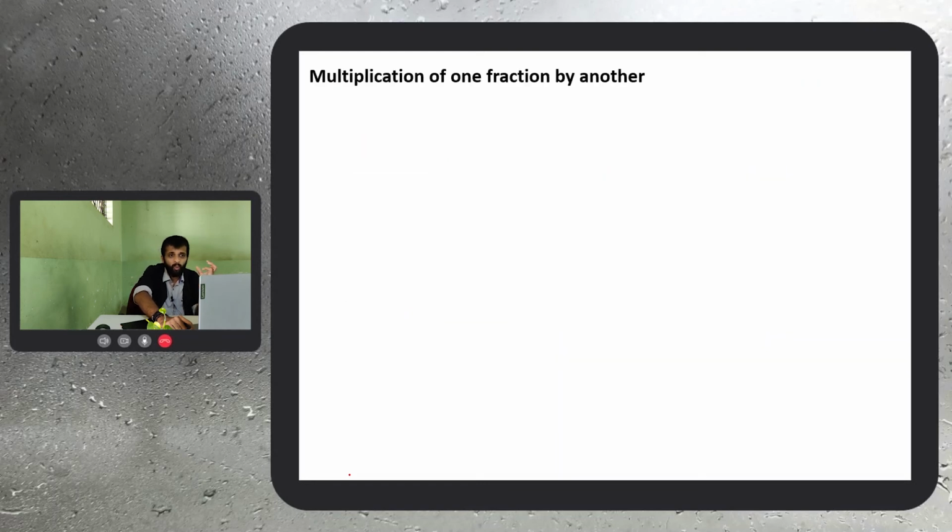Multiplication of one fraction by another. Here we are not multiplying a whole number by a fraction, but we are multiplying two fractions together. So simple. Whenever you are multiplying a fraction with another fraction, remember the word multiplying. I said not addition, not subtraction, I said multiplication.